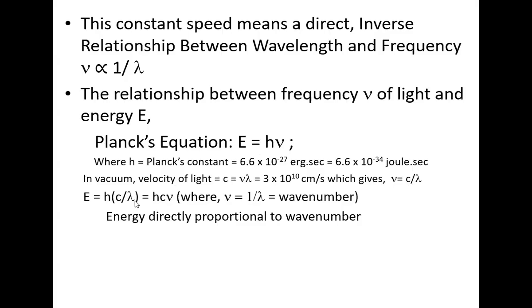Now let's go to the first equation. We are saying nu, or the frequency, is directly proportional to 1 over lambda. Isn't that what that is? So which means, again, this is hc times nu-bar, 1 over lambda, is this wave number here. 1 over lambda is nu-bar, correct?